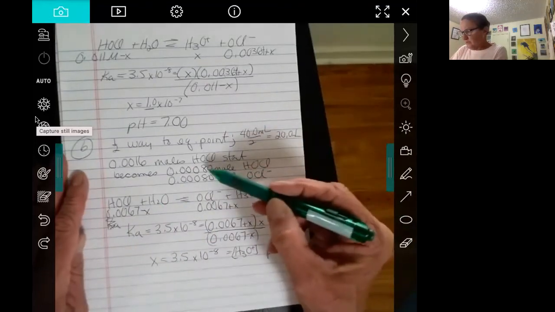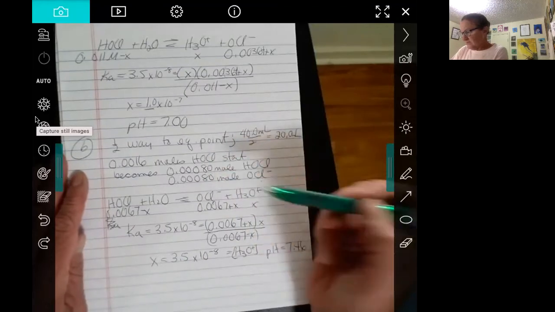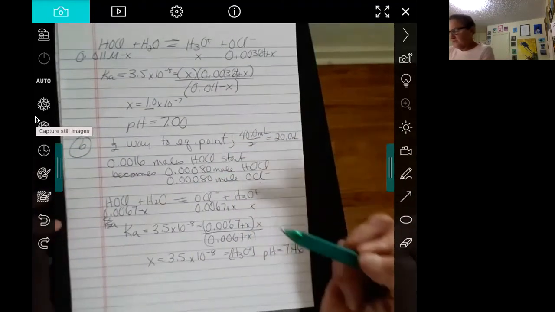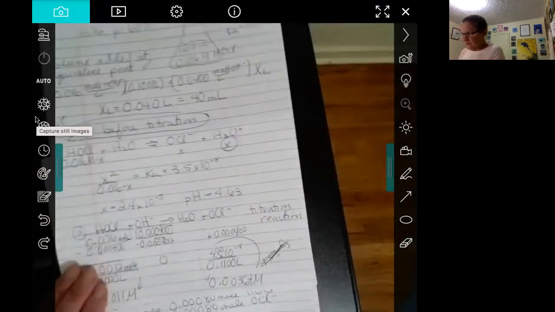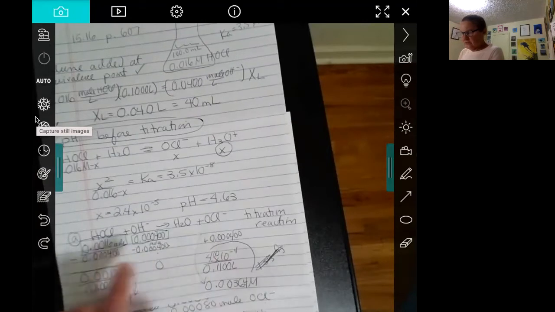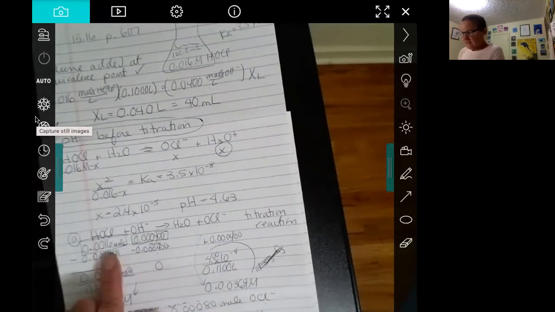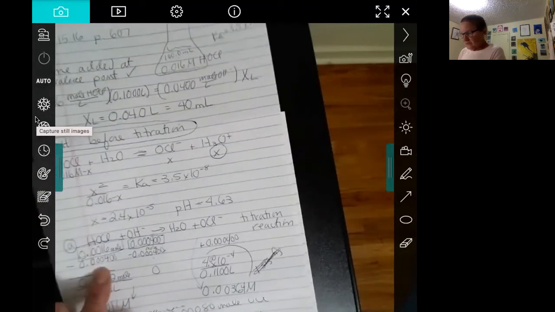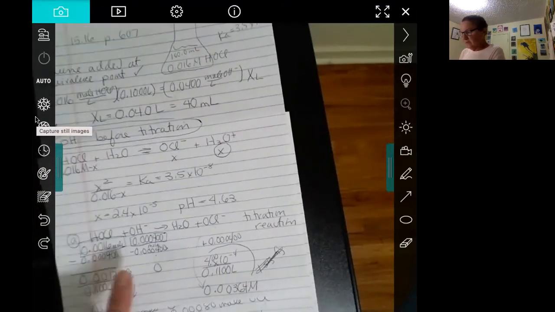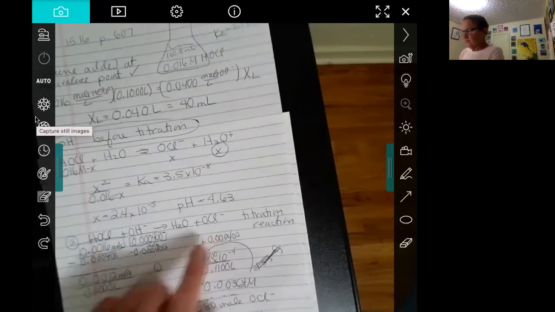So I'm left with 0.0008 of each of those, and then I have to start thinking about the equilibrium. All I did was put the numbers into the titration reaction, where this is exactly half of this, because I'm halfway to the equivalence point, which would make this 0.0008 and this 0.0008.